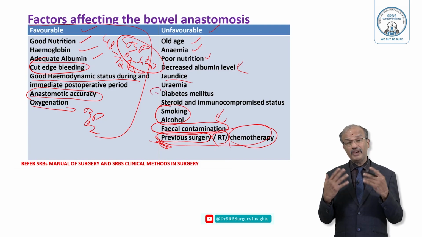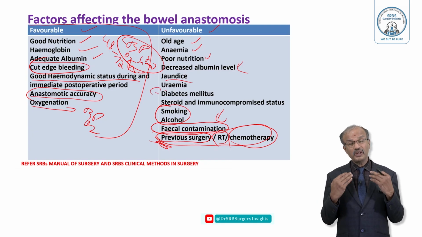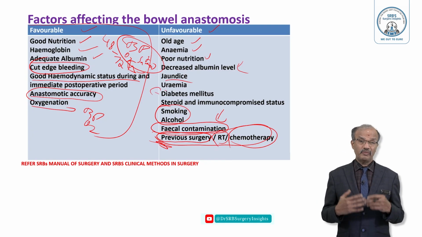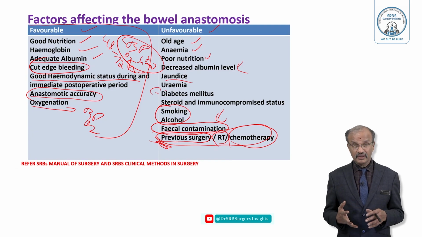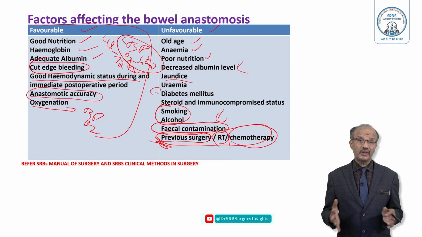So you have to optimize this patient. Give albumin, improve the nutrition, optimize the hemoglobin, and then do surgery if it is elective. If it is an emergency, you don't have any other option.